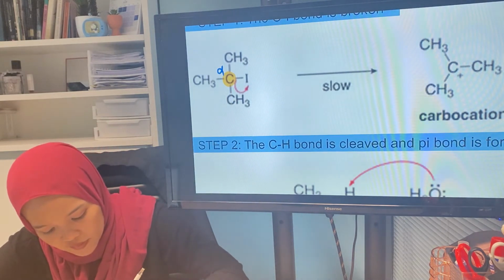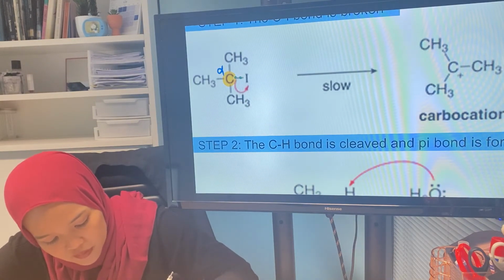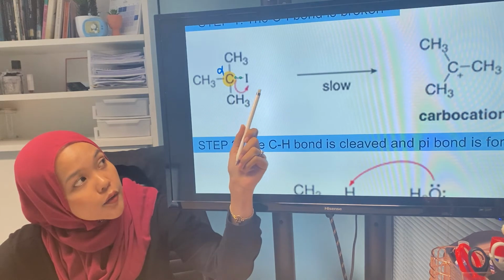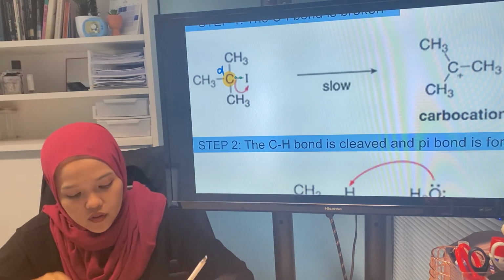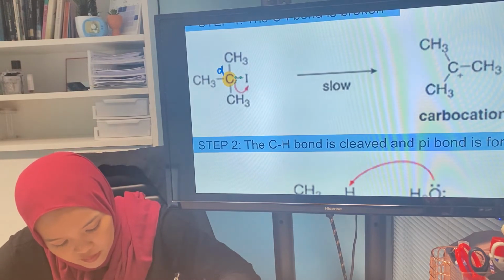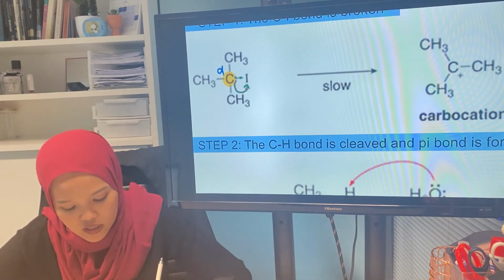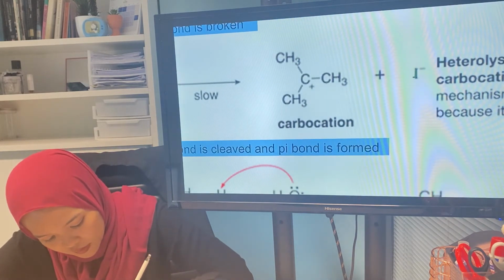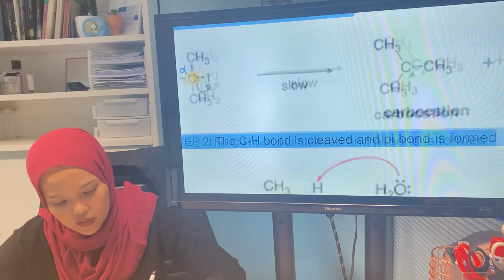There is a bond between carbon and iodine. Between them, they have 2 electrons. So the 2 electrons here are going to be transferred to the I. So the iodine here, you have the extra 2 electron pair.